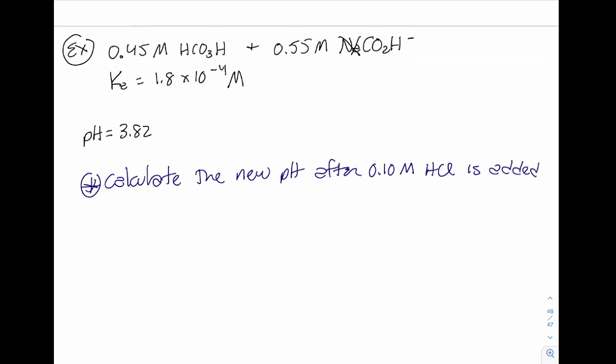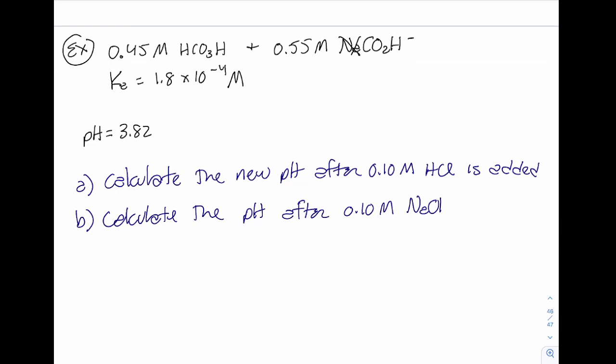And let's actually make that an A because we're going to do two things. And then B, we're going to calculate the pH after 0.10 molar sodium hydroxide is added. And we're going to go back to the original buffer solution for that.